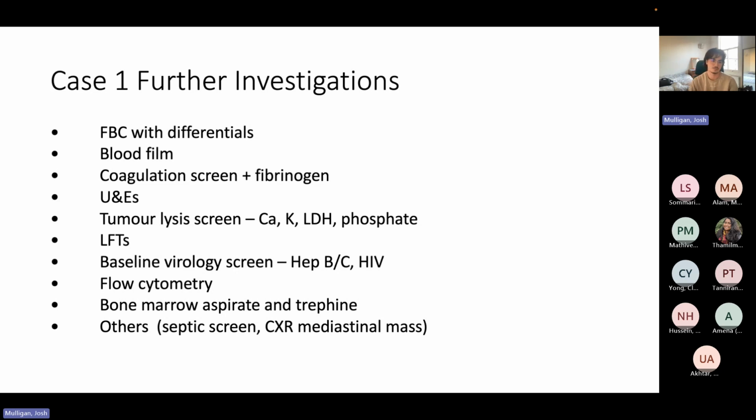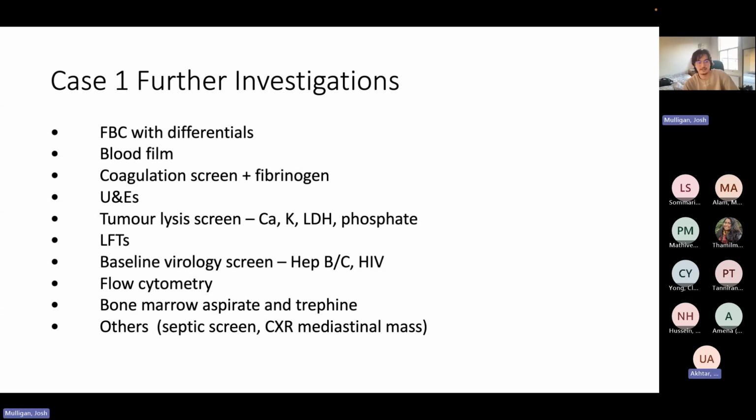LFTs, a lot of the clotting factors are made in the liver, and some kinds of viruses can inhabit the liver. So that's also why we're thinking hepatitis and HIV, because both of these viruses might cause some kind of bone marrow suppression.